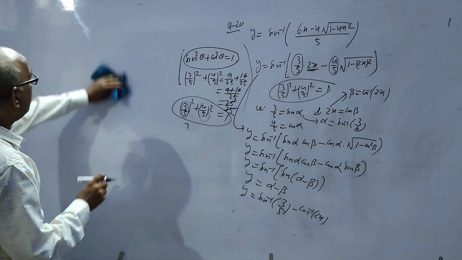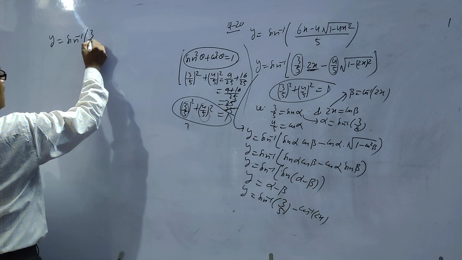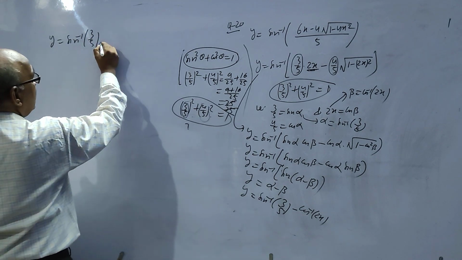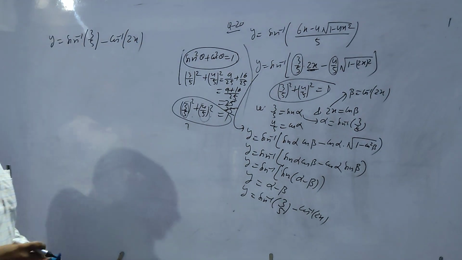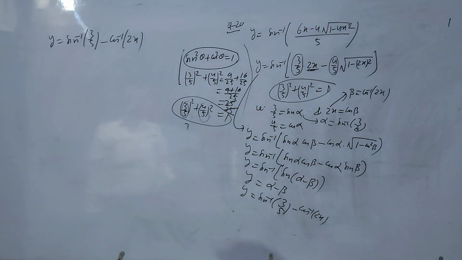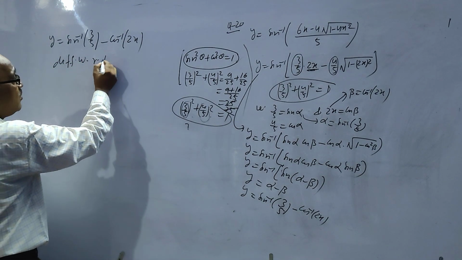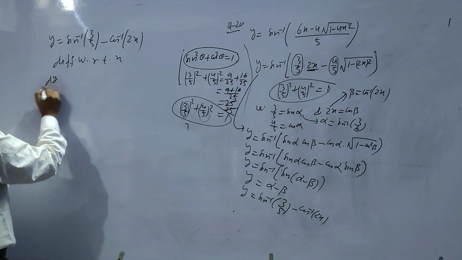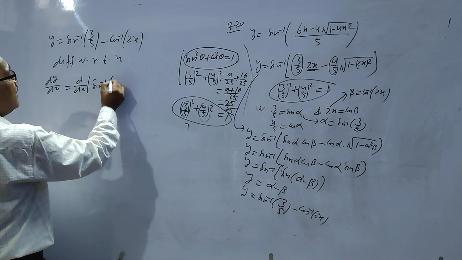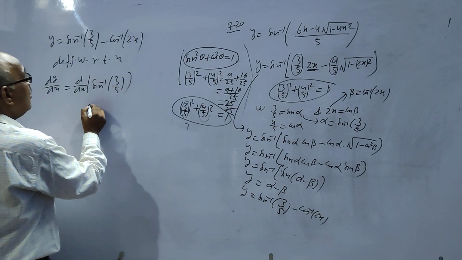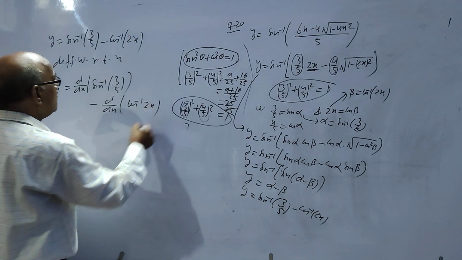Now finally you have got y is equal to sin inverse 3 by 5 minus cos inverse 2x. Now differentiating with respect to x, dy over dx is d over dx of sin inverse 3 by 5 minus d over dx of cos inverse 2x.